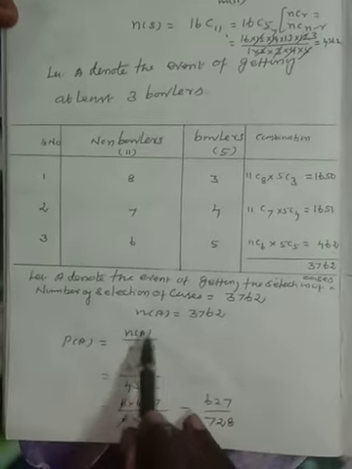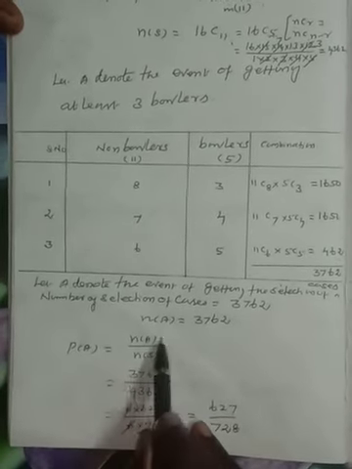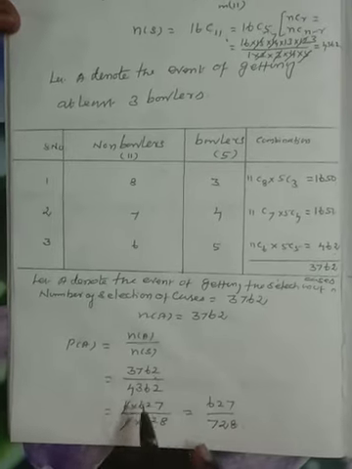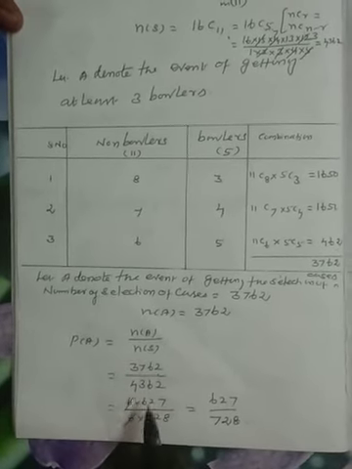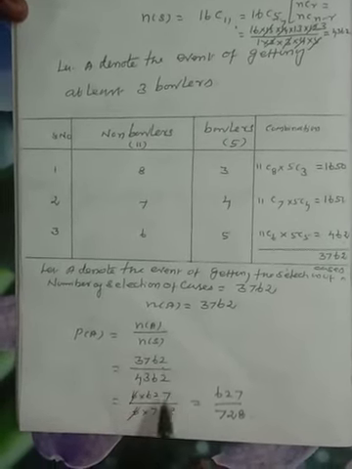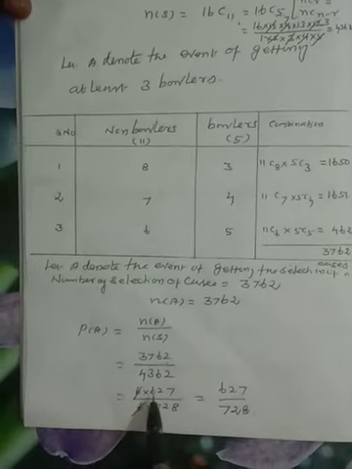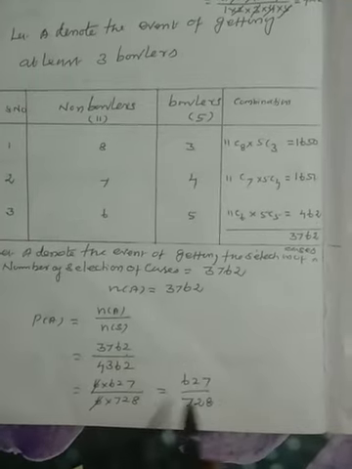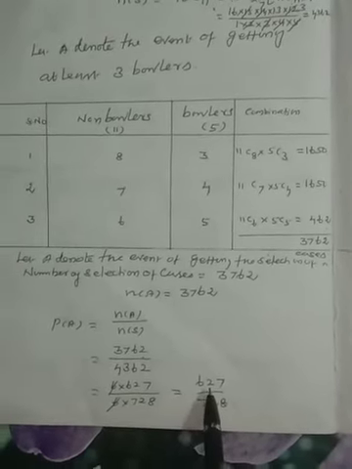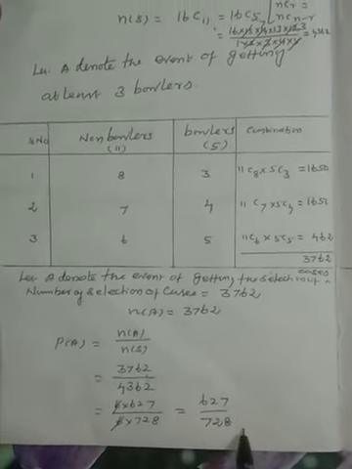P of A is equal to n of A divided by n of S. n of A is 3762, whole divided by n of S, which is 4362. Now 6 into 627 whole divided by 6 into 728 is equal to 627 divided by 728.